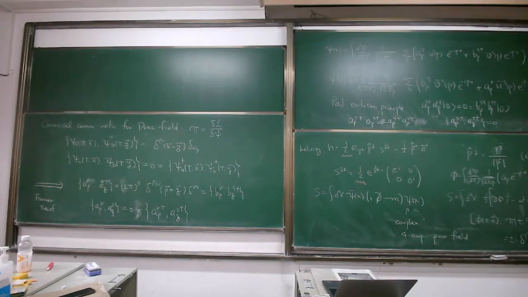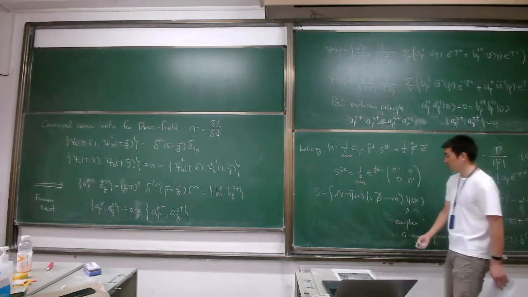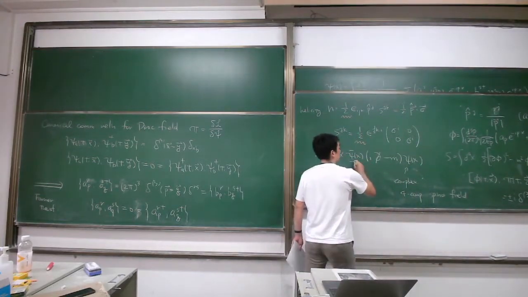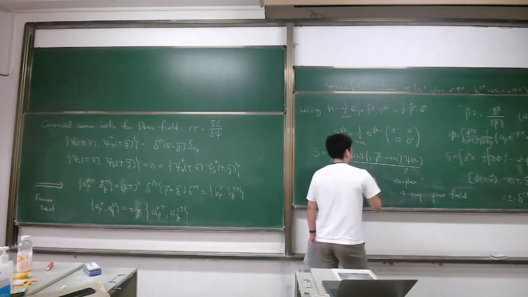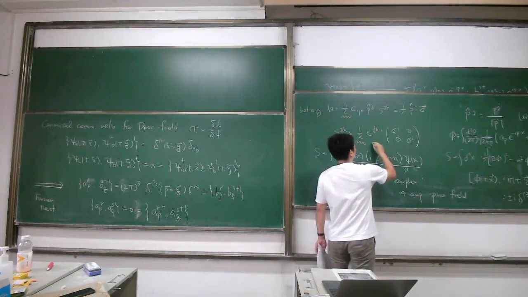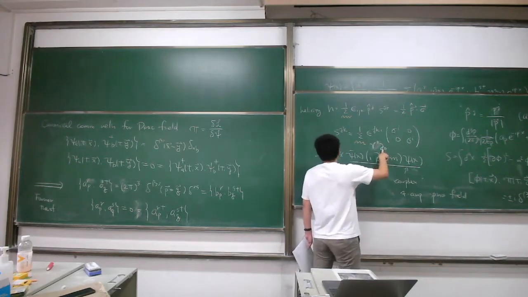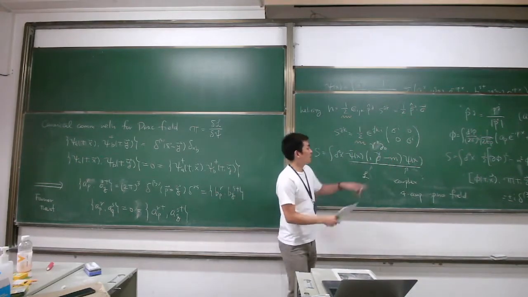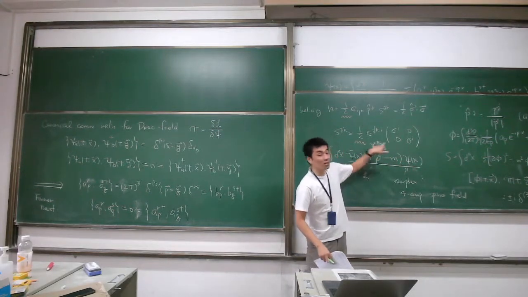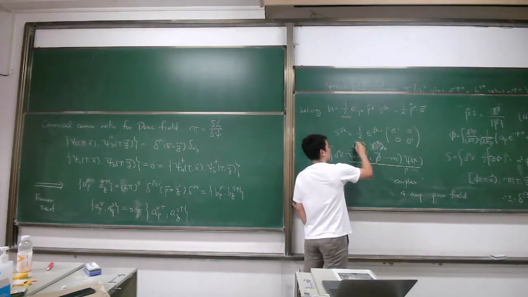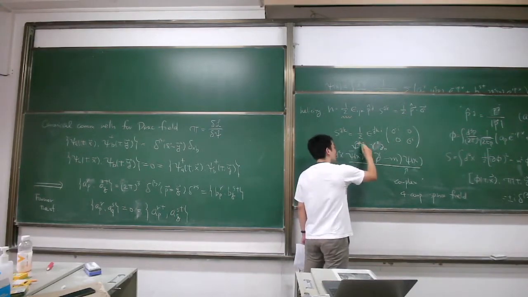But anyway, if you look at the Lagrangian, gamma 0 and psi dot appear in this combination, so psi dot only appears in this term. And psi bar is psi dagger gamma 0, right?